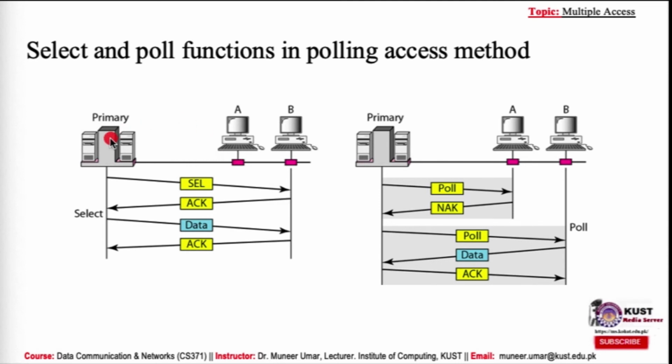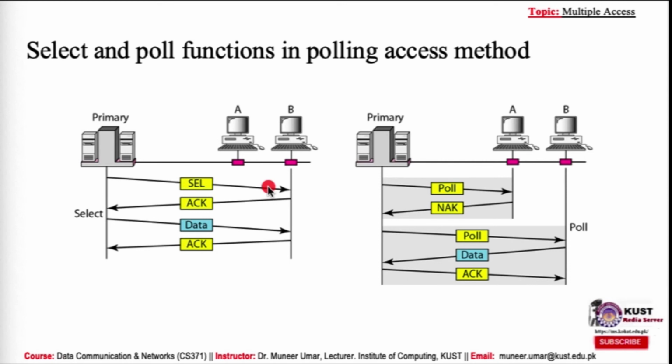The primary device determines which device is allowed to use the channel for a given period of time. Therefore, the primary device is always the initiator for a session. So if the primary device wants to receive data, it asks the secondaries if they have anything to send. This is called the poll function.